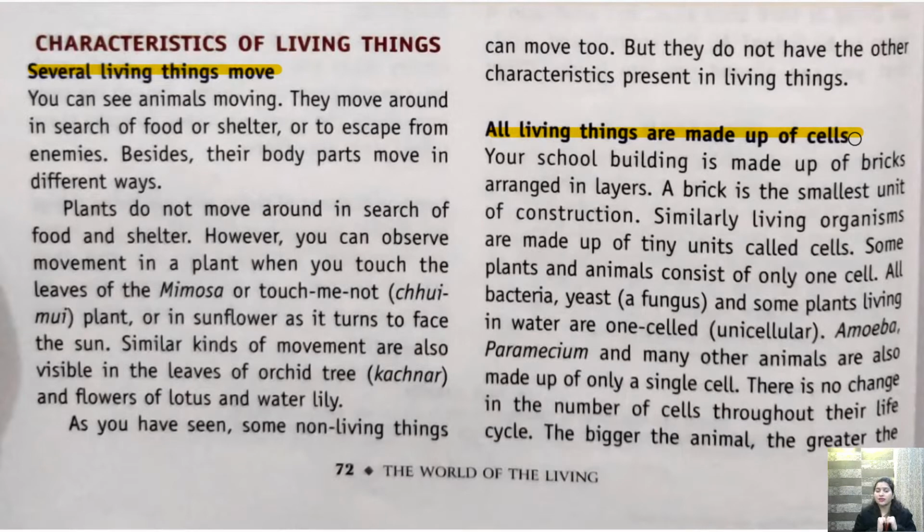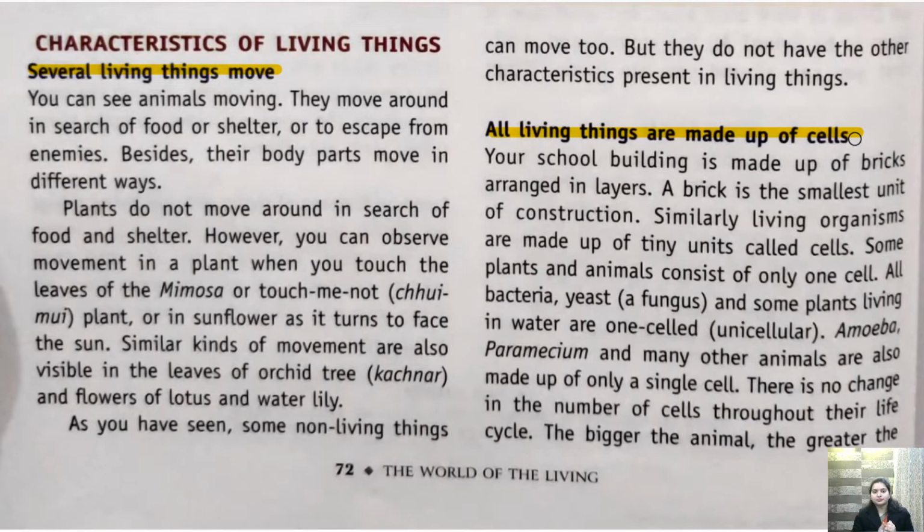In the same way, the human body is made up of cells. Bricks make a wall and cells make the human body. Not only the human body, the animal body and plants also contain cells.